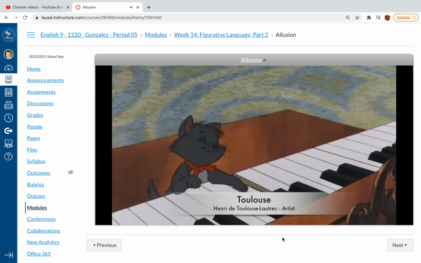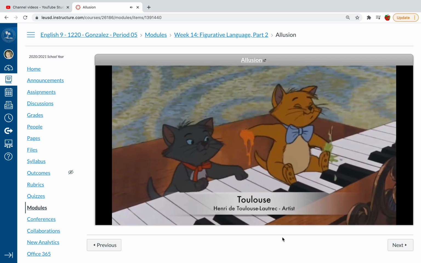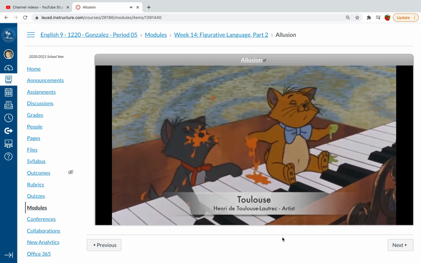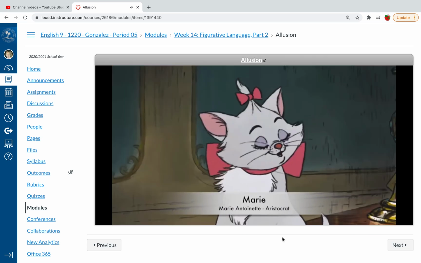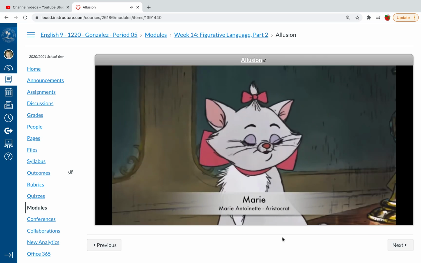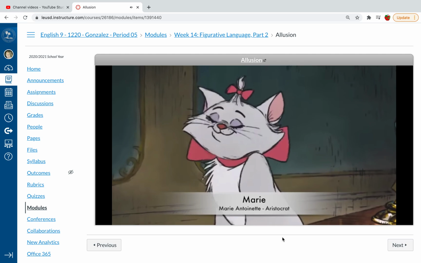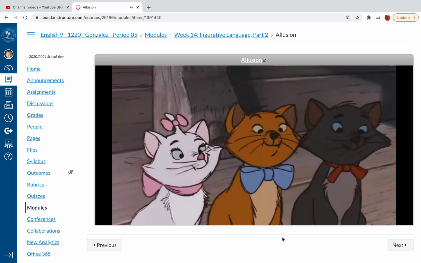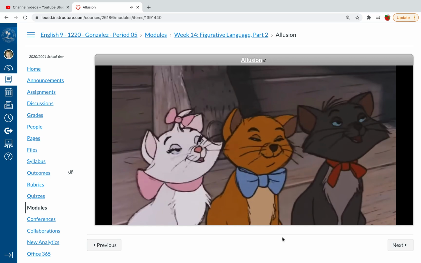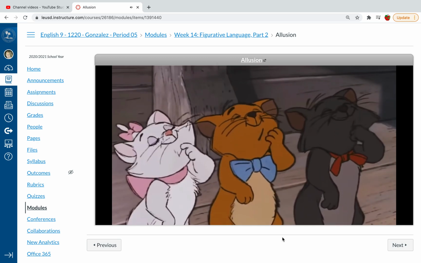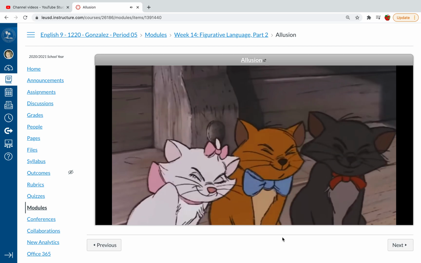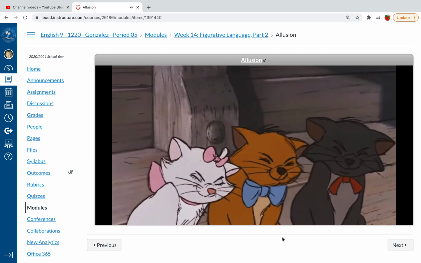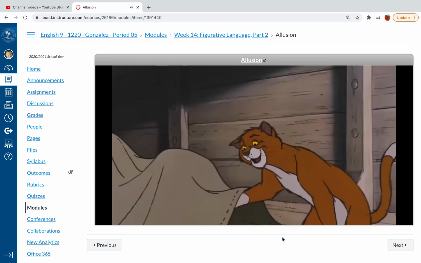The artistic ginger kitten, Toulouse, is named after the famous French artist Toulouse-Lautrec. And finally, the fancy white kitten, Marie, is named after France's most famous queen, Marie Antoinette. The filmmakers want us to associate the kittens with the historical and cultural figures they're named after. So these allusions help us to understand each kitten's personality and talents a little better.